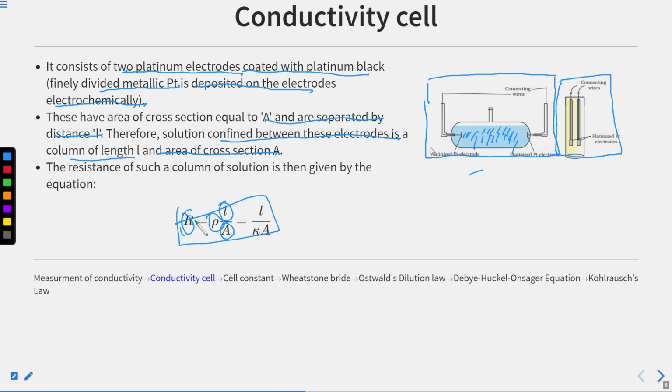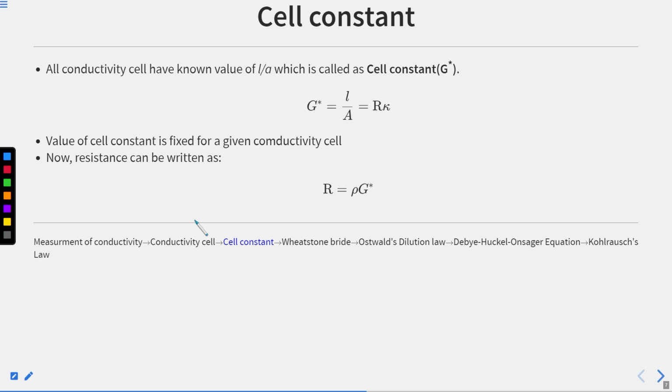Now we have seen that we know the length and area of cross section, so L by A is a constant. Do not get confused with this G star. It is not conductance G. It is a different symbol that is not related in any way to conductance. It is simply a symbol, G star, and it stands for L by A. So what is this cell constant?